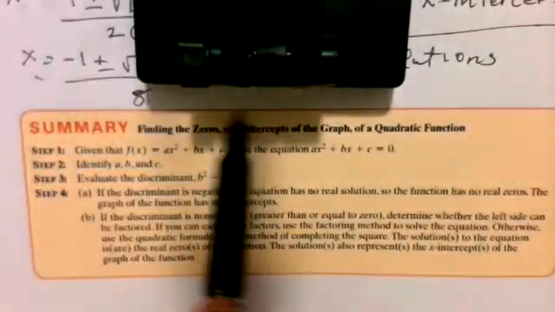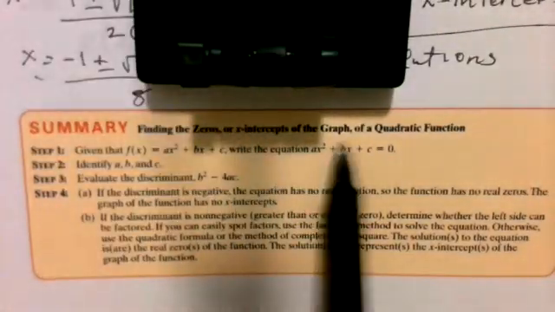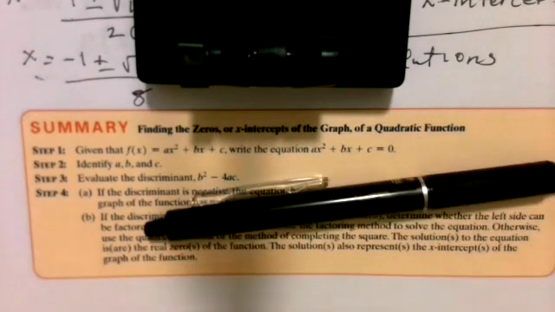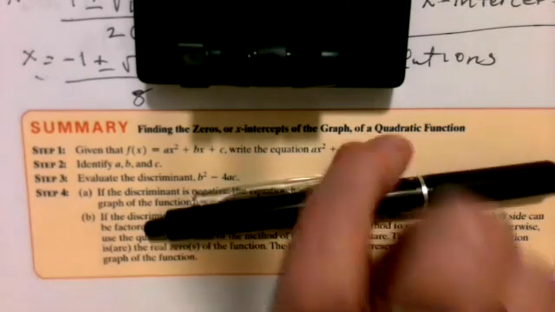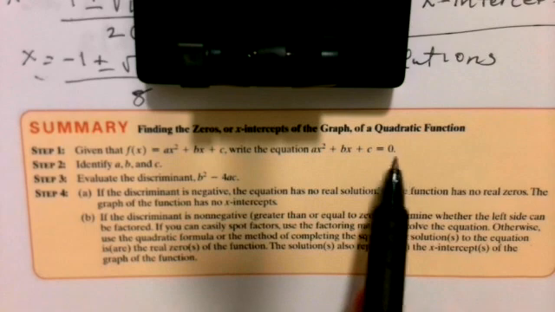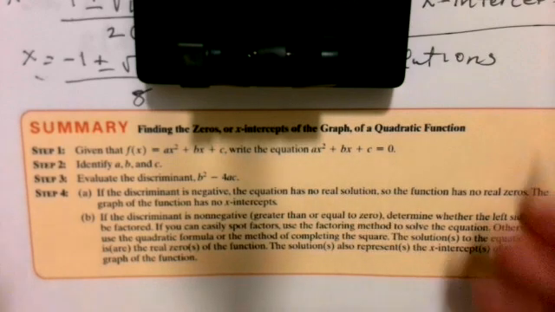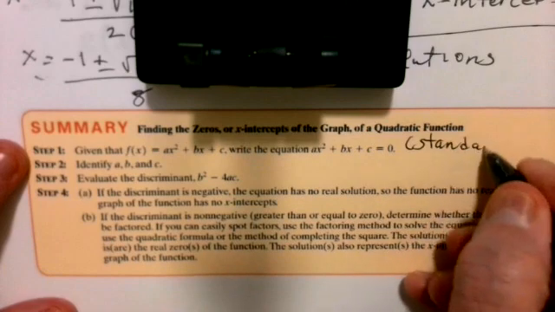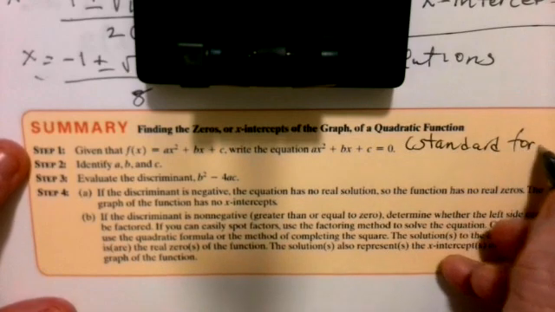And then down here, it says it for the summary. So finding the zeros or x-intercepts of the graph of a quadratic function. You want to set the equation equal to 0, and also be sure it's in standard form, which is what that's saying, really.